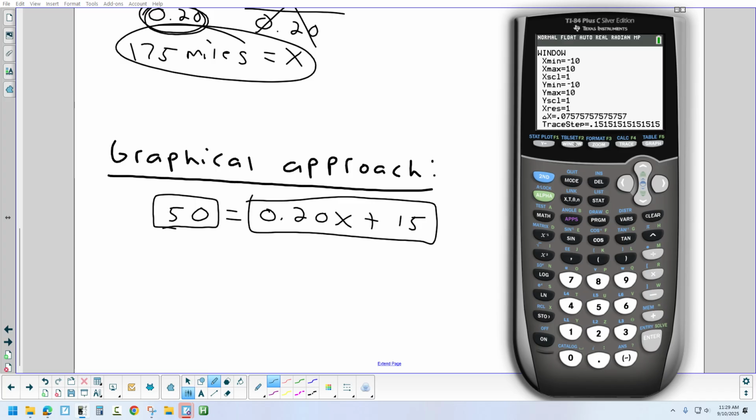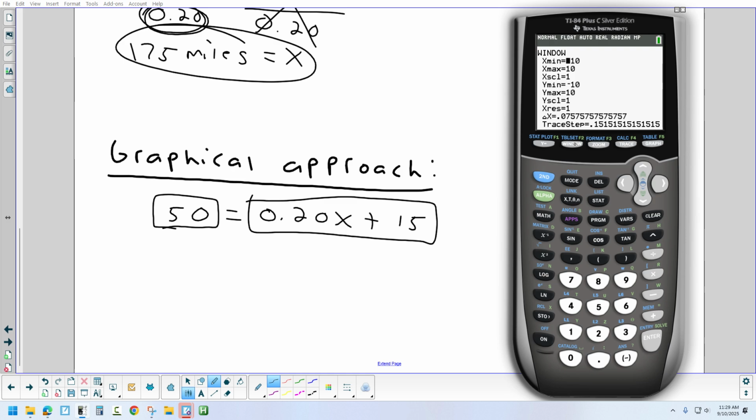So if we look at our window, let's think a little bit about x and y. What is x in the word problem? We know what it represents: the independent variable.